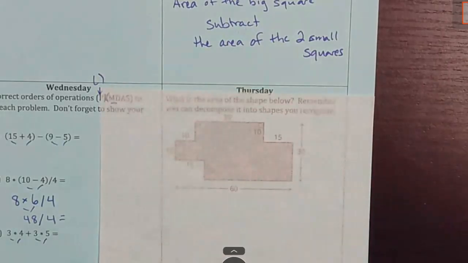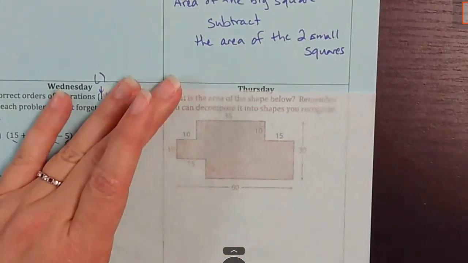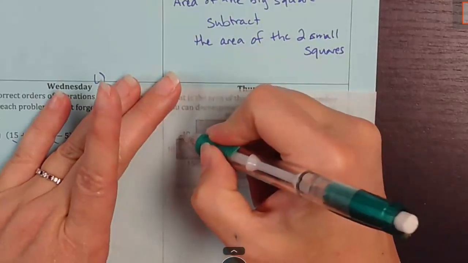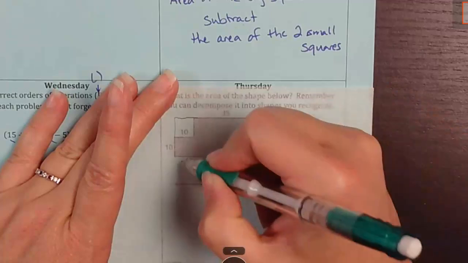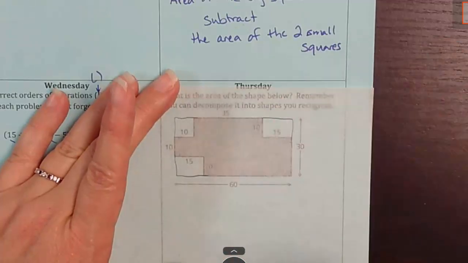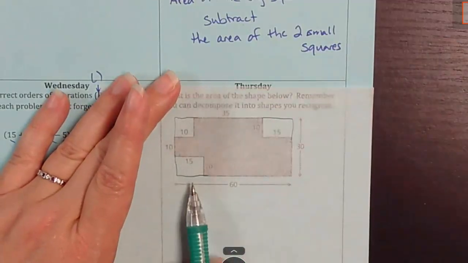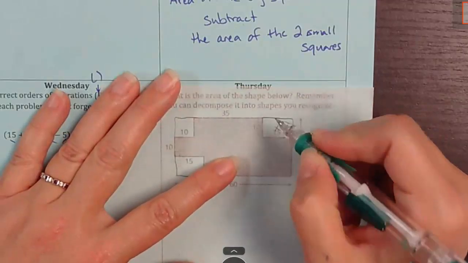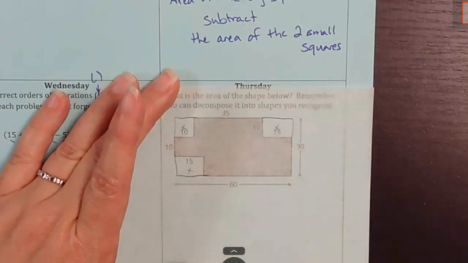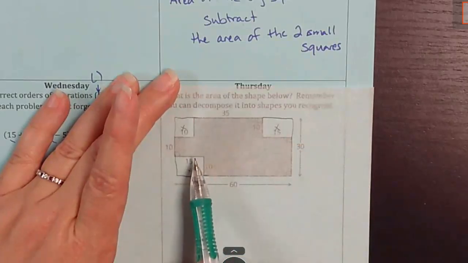This is option number 1. You decide which one you like. I could turn this into one big rectangle. Do you see the big rectangle that I know is 60 by 30? And then I would have to find the area of these and take them out. So you would have to find the area of each of those little pieces and subtract it.